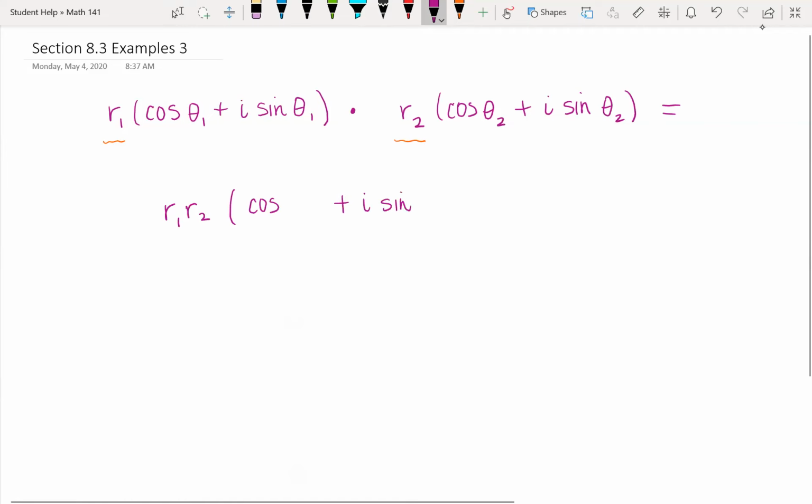And then I take the two angles and I add them together. So I'll take theta 1 plus theta 2.